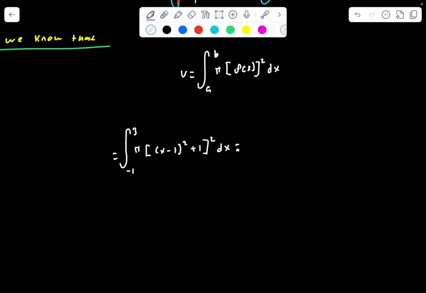What we need to do is multiply with our square and also expand in a way.